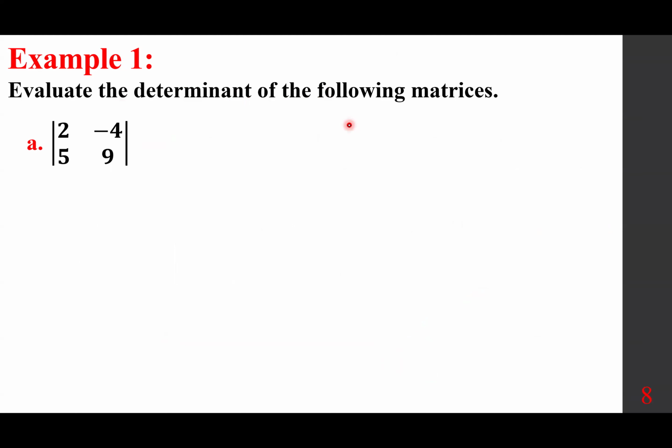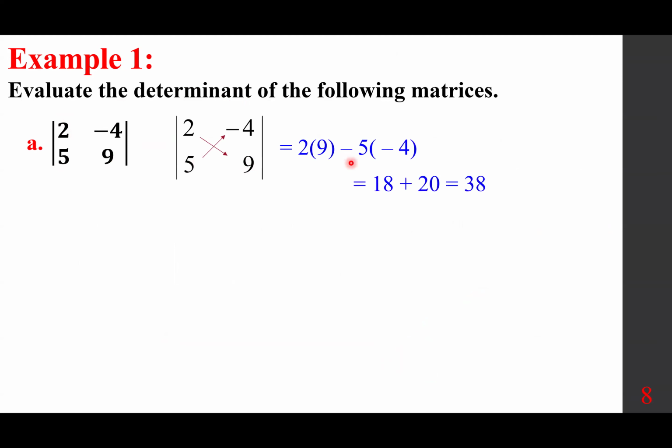Evaluate the determinant of the following matrices. Basically, multiply these two, and subtract this from the other. So 2 times 9, 18, minus the product of these two. This is plus 20, they add up to 38.